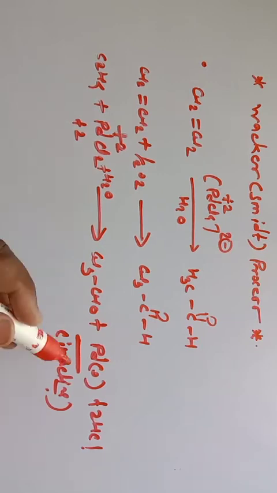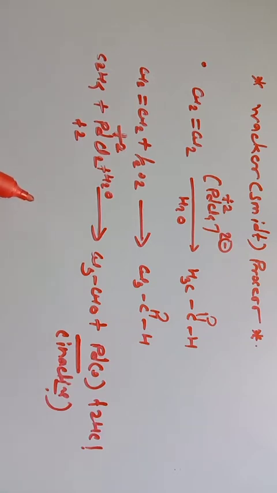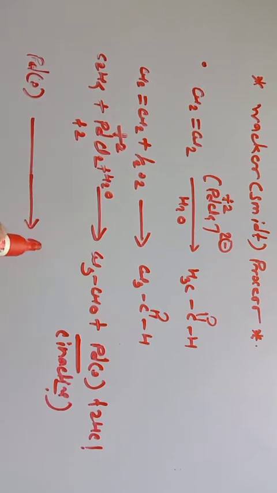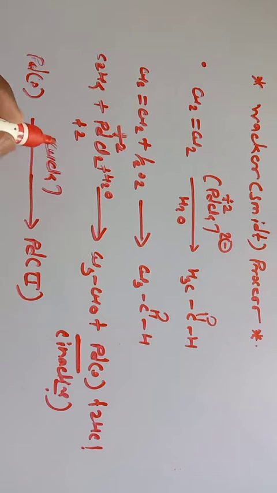So again, to convert this Pd0 into Pd2+, we use a second catalyst, that is copper. Cu2+ is used to convert this Pd0 into Pd2+. We require a copper catalyst, CuCl4 2-, in which again the copper is in plus 2 oxidation state.